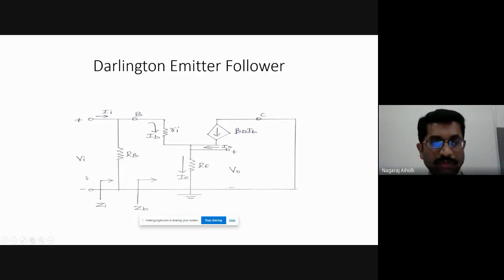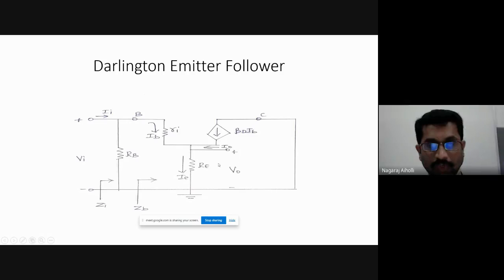We have to short circuit Vi, and then connect a voltage source at the output terminals, which is equal to the value of output voltage. If you connect a voltage source equal to the output voltage, it doesn't harm the circuit. Whatever output voltage we get and whatever current flows into the output terminals, according to the convention of the two-port network, the input current Ii and output current Io move into the circuit.